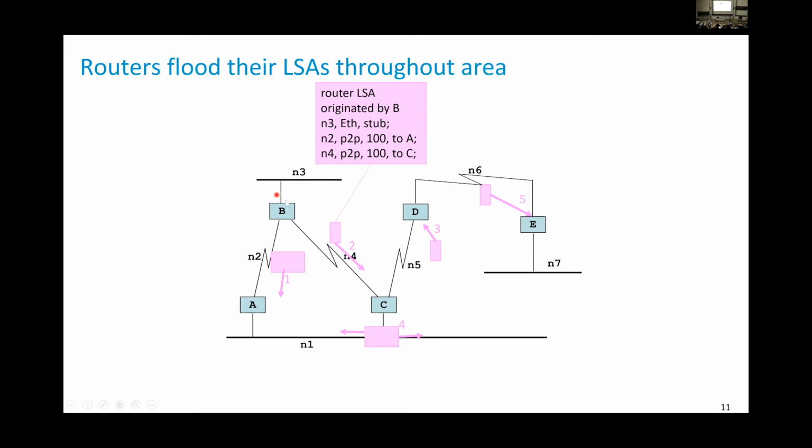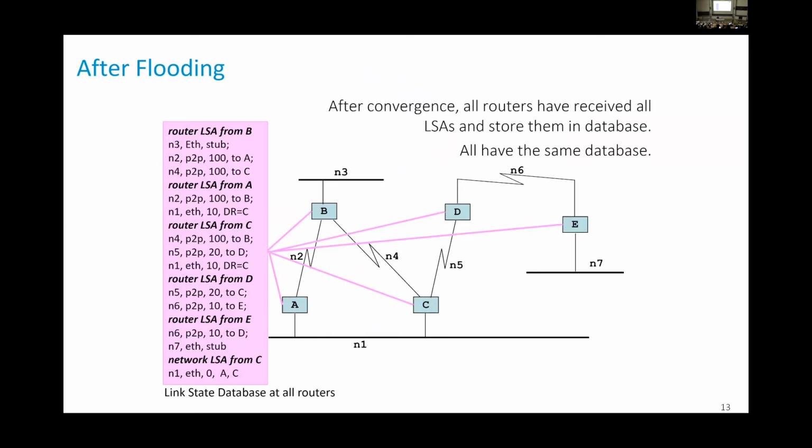And then this is flooded. The message is sent to C and A. When C receives it, it sends it again on this interface. But when A receives a second copy, if that comes second, A will simply ignore it because from the sequence number of the LSA, it knows it has already received this information. And eventually, this will be flooded. So flooding is a very simple protocol. Everybody will receive it.